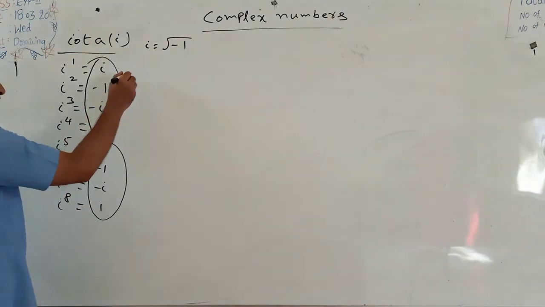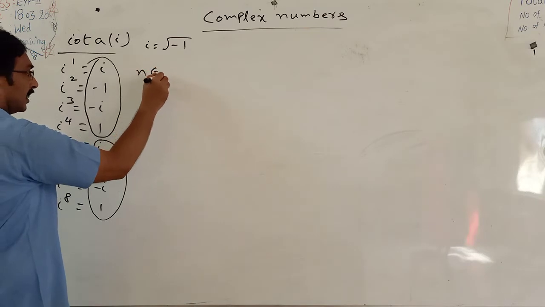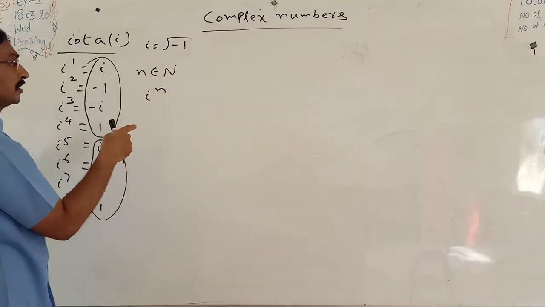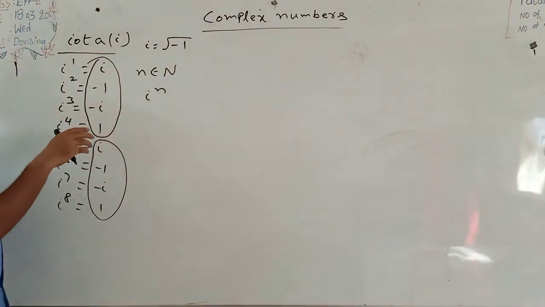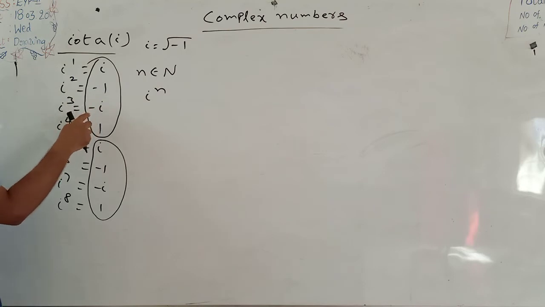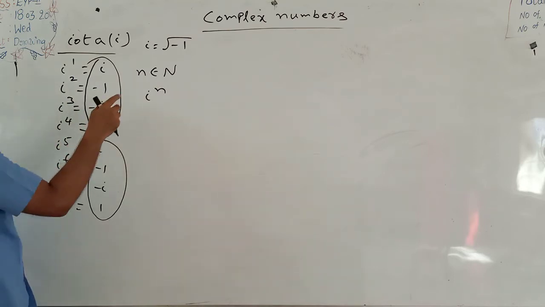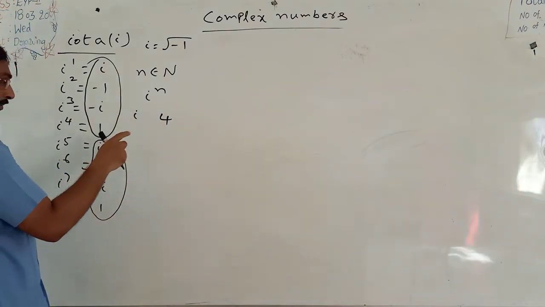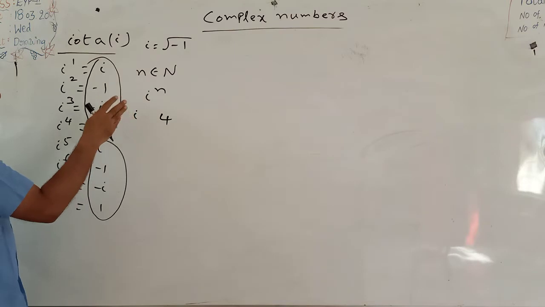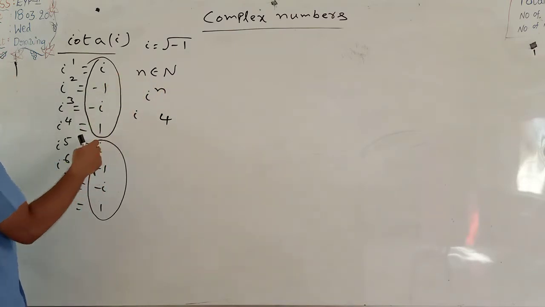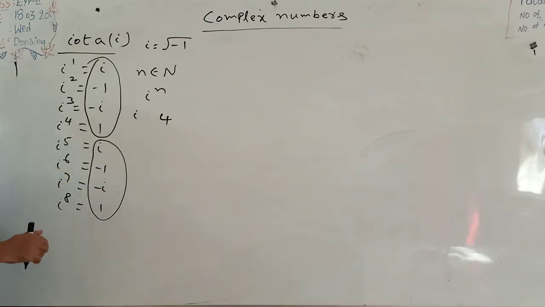Therefore, for any positive integral value of n, the number of possible values of i power n is 4. They are i, -1, -i, plus 1. That means the period of iota i is 4, because there are 4 possible values of i power n. Therefore, the period of i is 4.